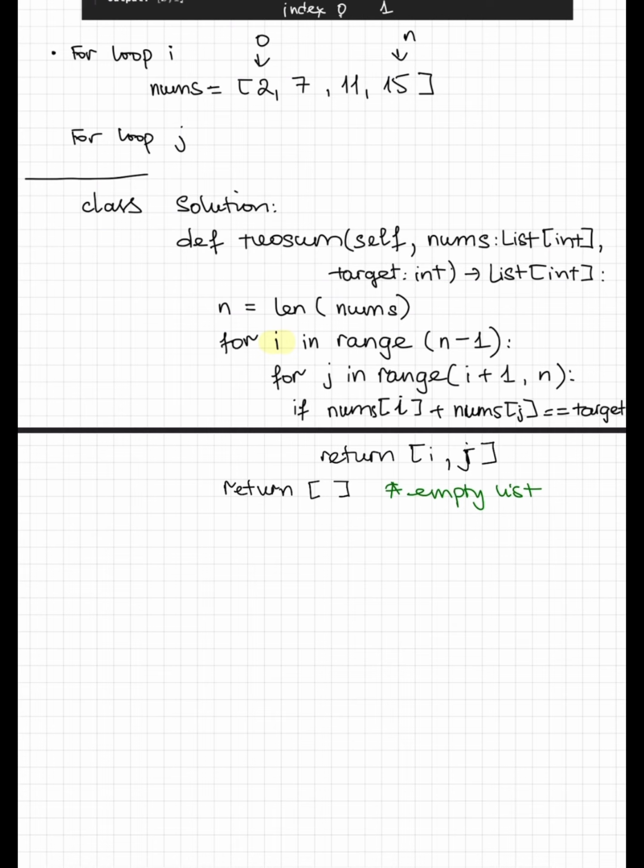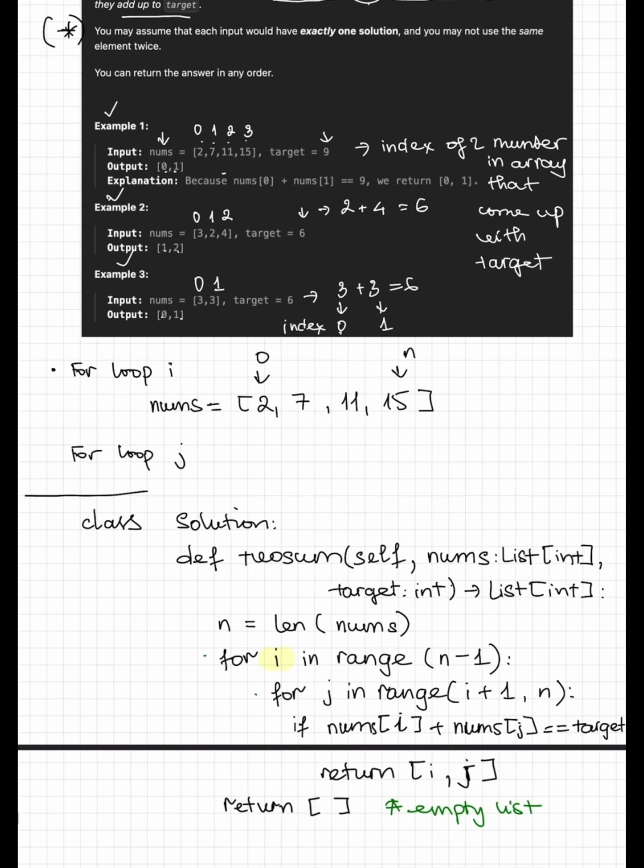Yes, we use loops to iterate over the array and find the list of indices we're looking for. But the time complexity is O(n squared) because we have two for loops. So let's think about the next part, where we can optimize the solution.